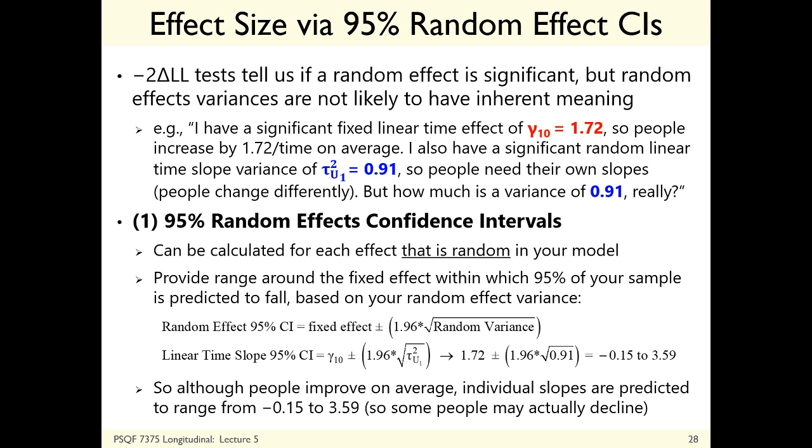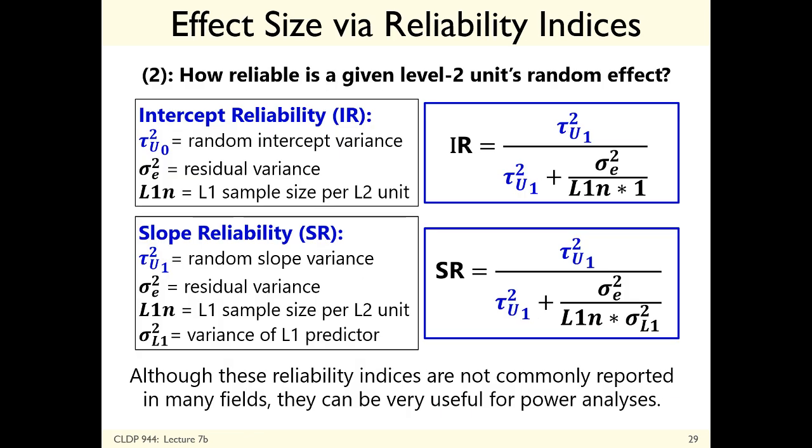Okay. So the other way, this is from a paper by John Willett. It was on your reading list for the first week. He came up with these reliability coefficients. There's also this, I want to say, for intercept reliability in the Raudenbush and Bryk text. So these are relatively well known. I don't see them reported a lot. Where these can be useful is power analysis.